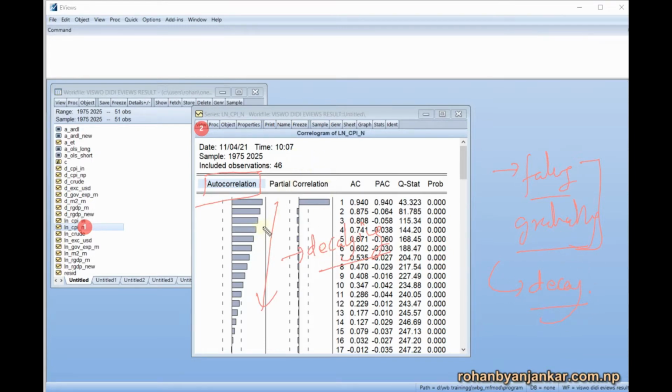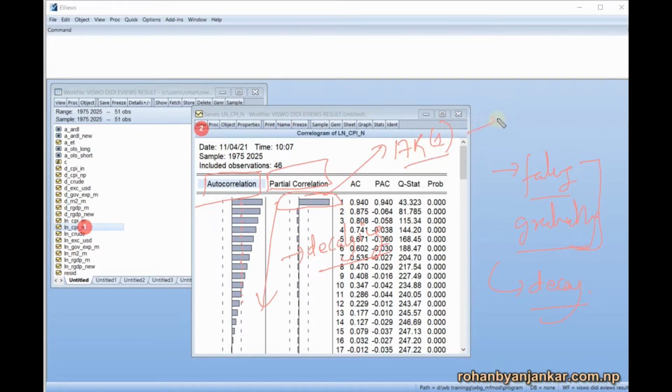It is highly significant, it crosses this line. The second function is the partial correlation function, and this shows that the first lag is significant and the other lags are insignificant. This shows this process is AR1.